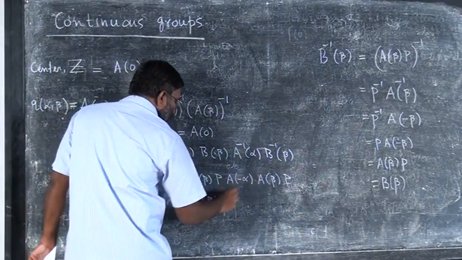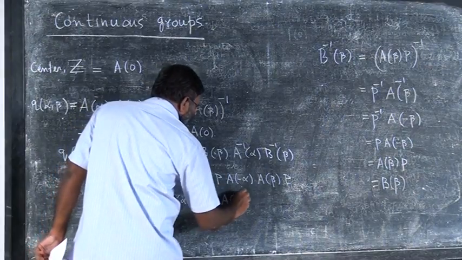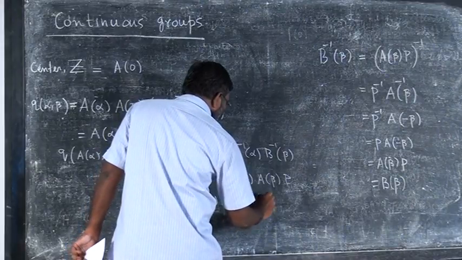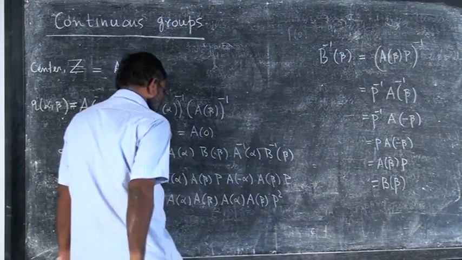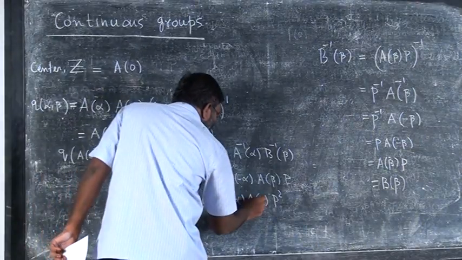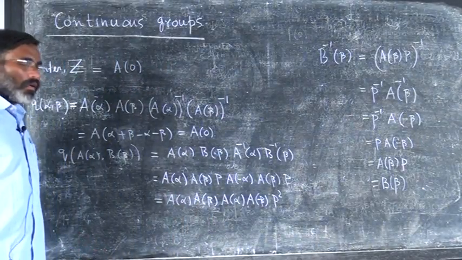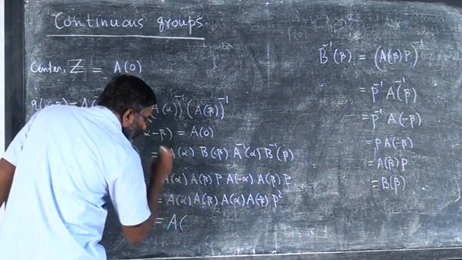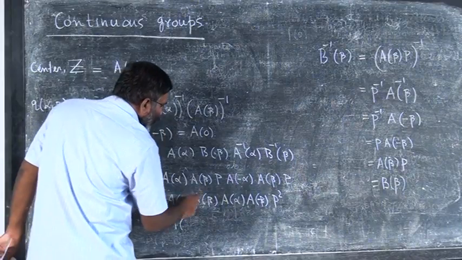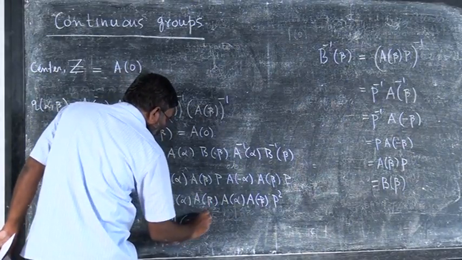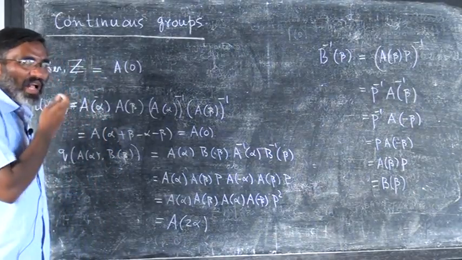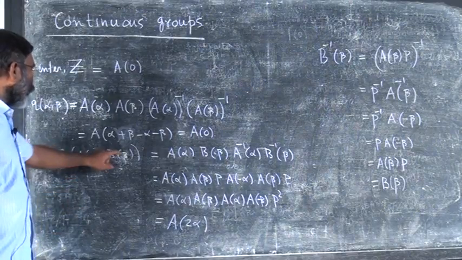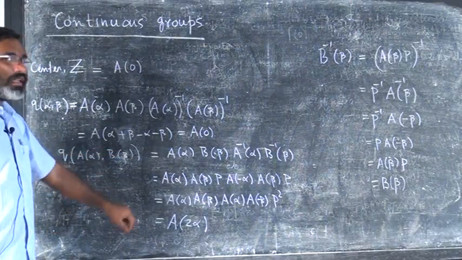I will push this P here. I will make this as A alpha. I will push it there. This will be A beta into P square. P square is 1. So this will be minus beta. Correct? So this is going to be alpha plus alpha, right? So by choosing A alpha B beta, we will get A alpha.